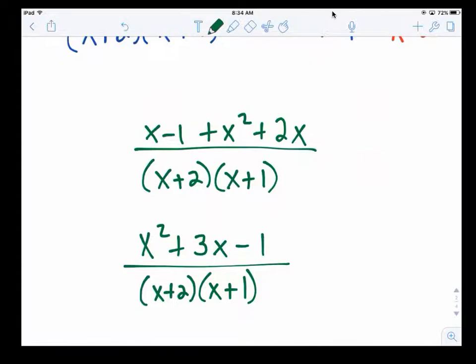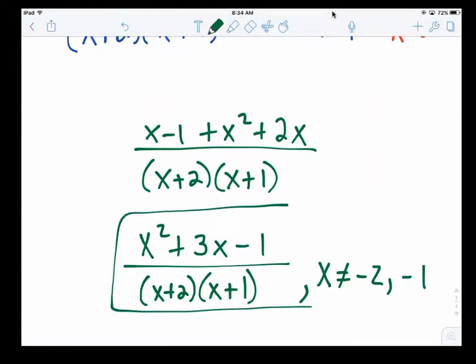So this would be your final answer. And then what could x not equal? All right, so that's what we're doing for this whole process, is trying to make two terms come down to the same denominator. We have to figure out what are they missing.